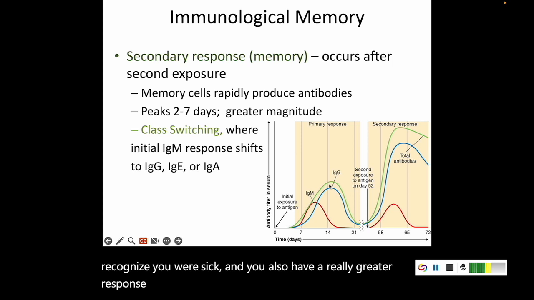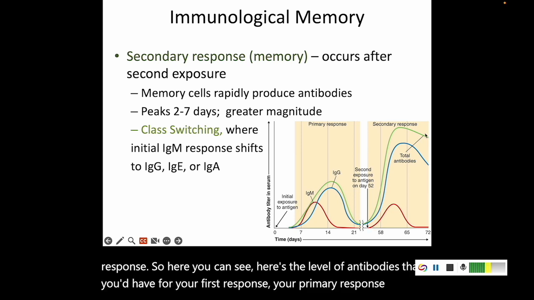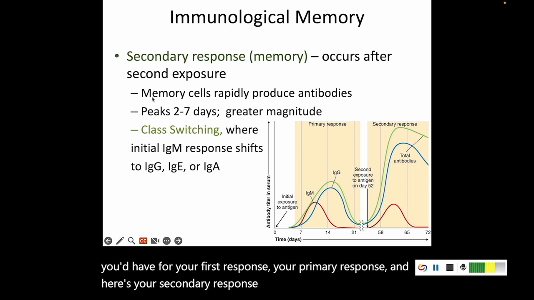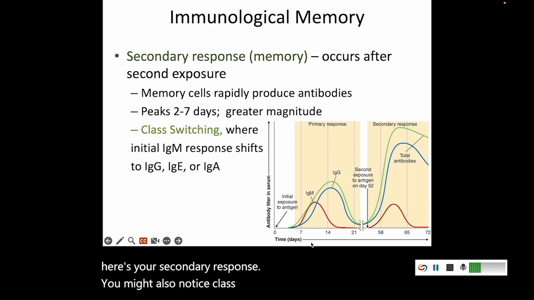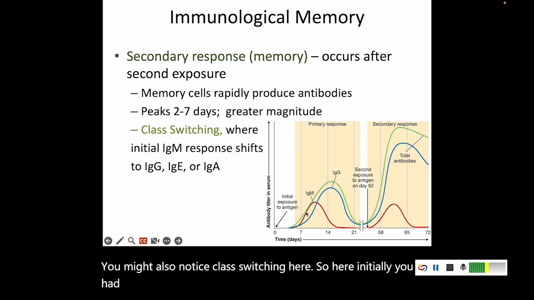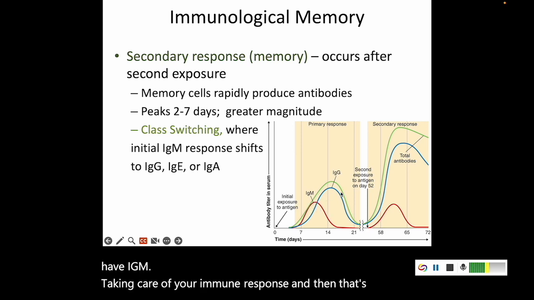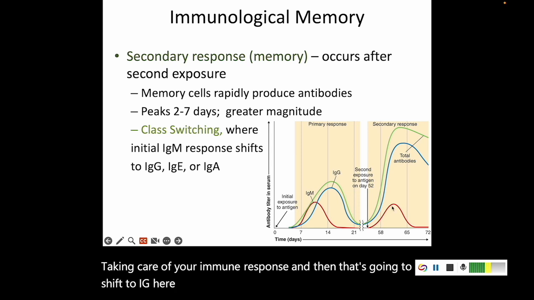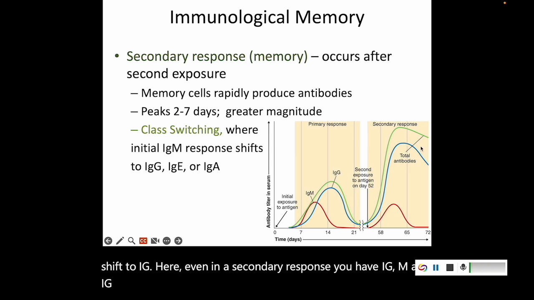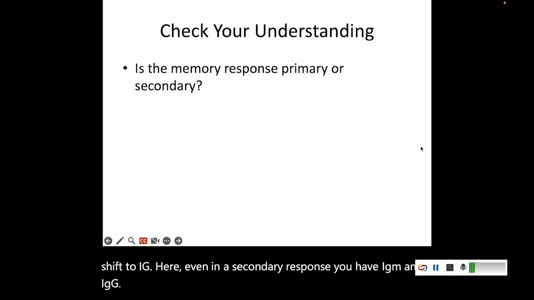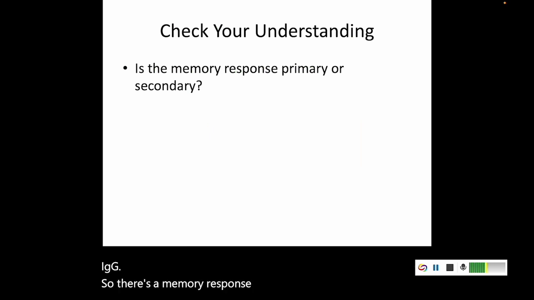So here you can see the level of antibodies that you'd have for your first response, your primary response, and here's your secondary response. You might also notice class switching here. Initially you have IgM taking care of your immune response, and then that's going to shift to IgG. Even in a secondary response, you have IgM and IgG. So is a memory response primary or secondary?